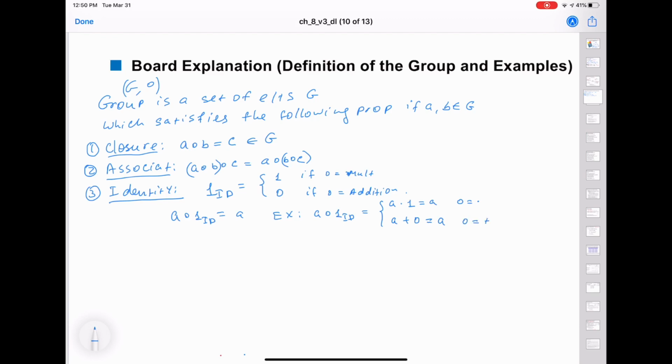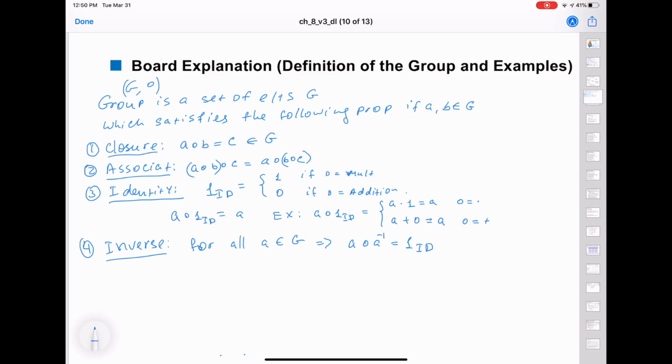So you understand that. The next one is the inverse element, the invertibility. All elements have to be invertible. For all a inside of G, a operation a inverse has to give you 1id. 1id, for multiplication it has to be 1, for addition it has to be 0.